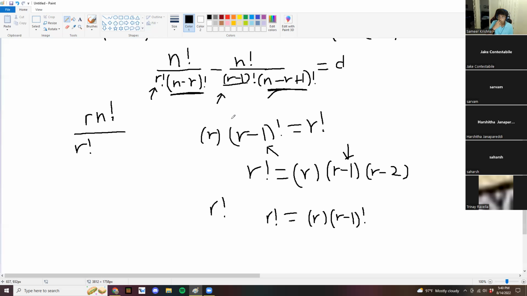n minus r plus 1. Yeah, you multiply this side by n minus r plus 1. So this side just stays like that, n minus r plus 1, because this is bigger, so it just stays like that. And then this side we multiply by, so we rewrite it as n minus r plus 1 on the bottom.